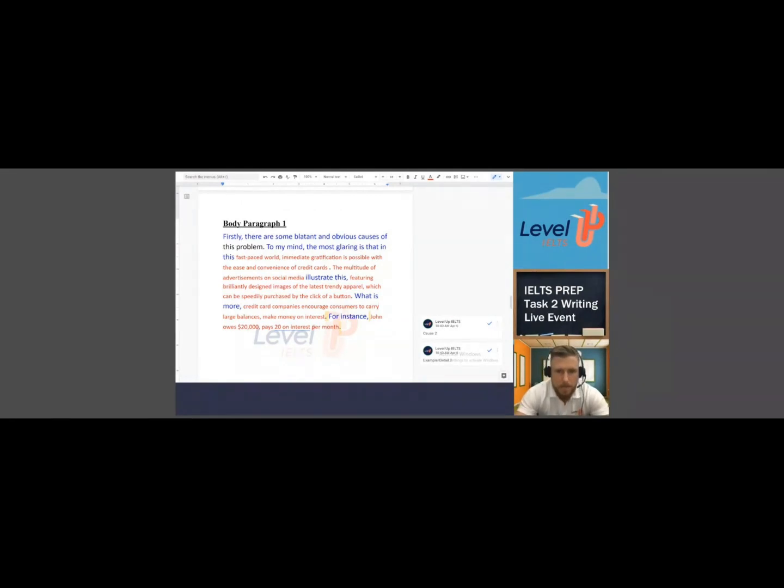So this is great language to use for debt. Credit card companies encourage customers to carry large balances and pay only a minimum every month. What is more, credit card companies encourage consumers to carry large balances and pay only a minimum every month.